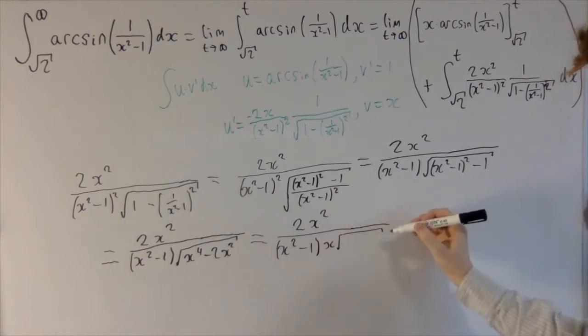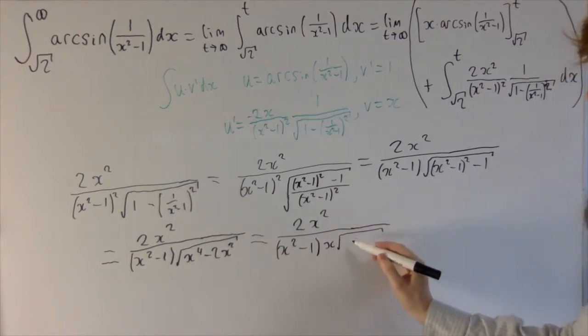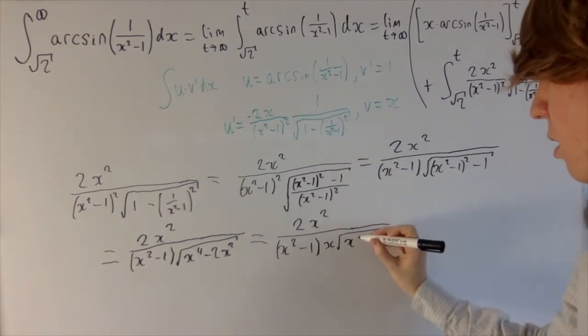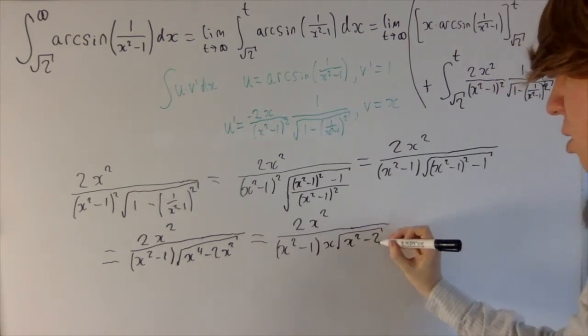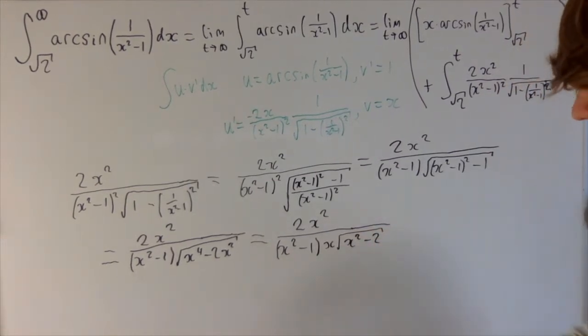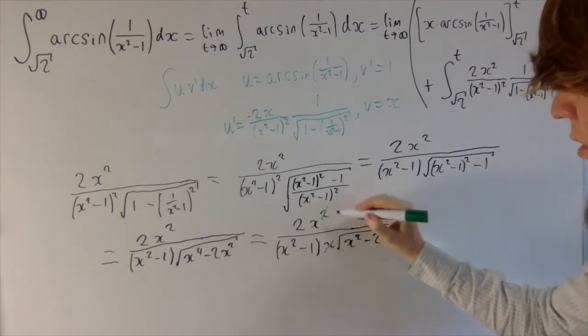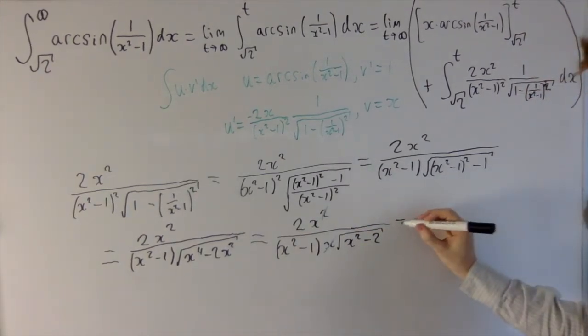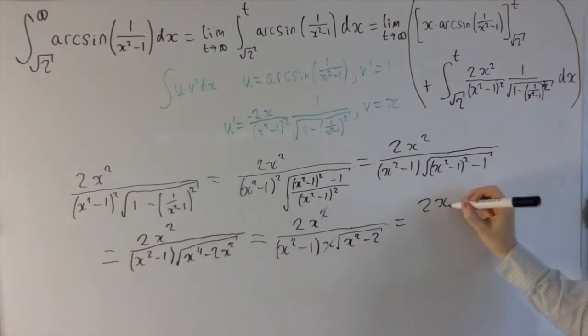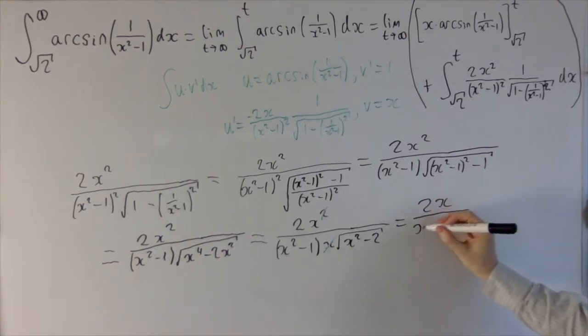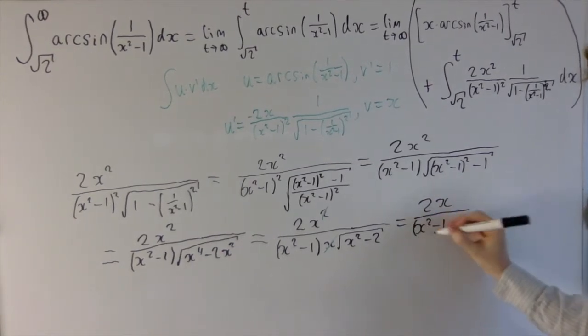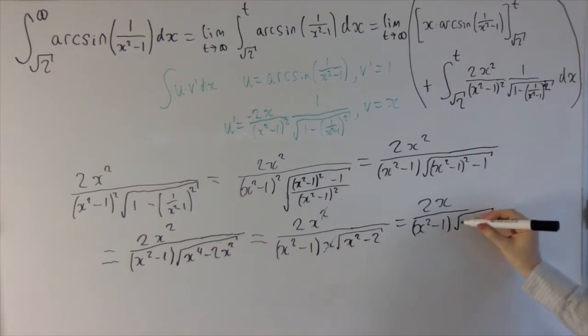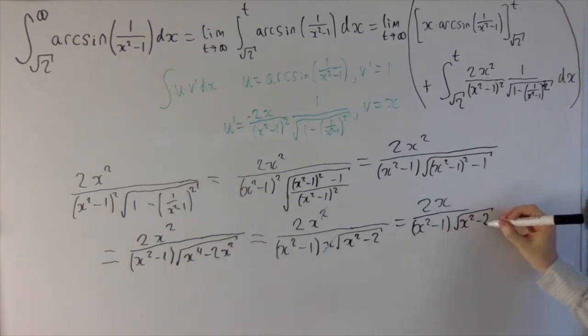And then we're starting to get something a bit more workable in the square root now. This is just x squared minus 2. And here this x is going to cancel with your x to the power of 2. So what we're left with now is 2x over x squared minus 1 into the square root of x squared minus 2.